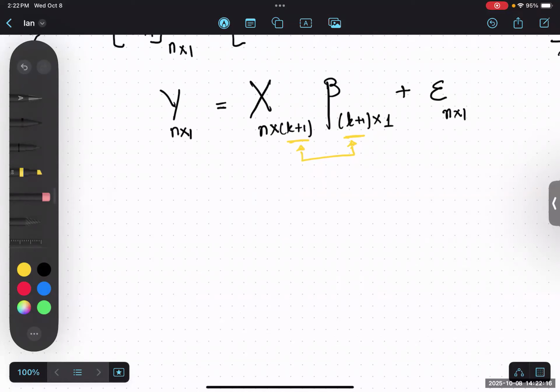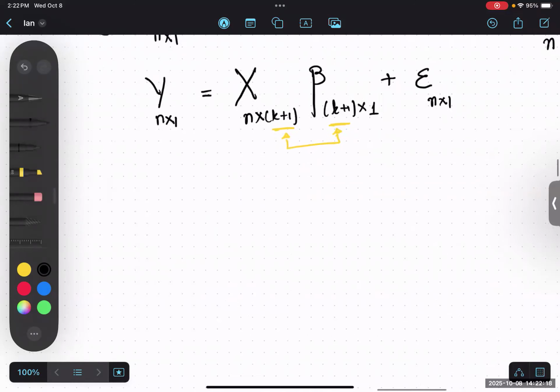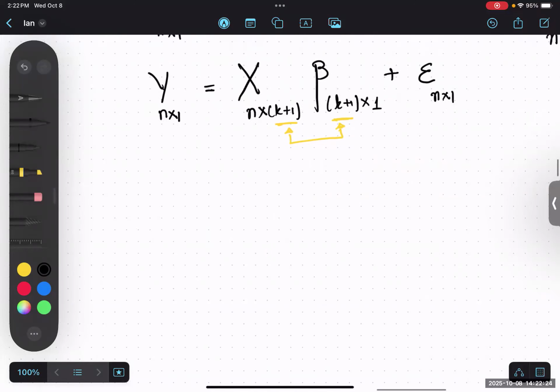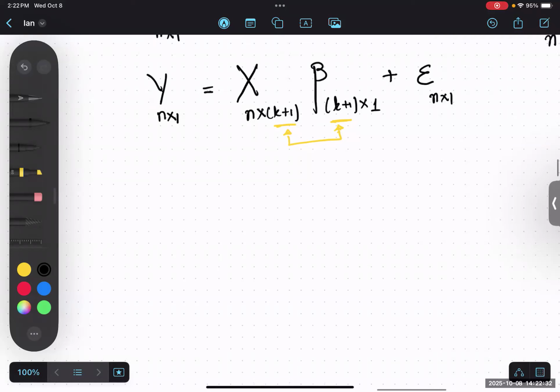So now, in matrix notation, this is your population model, right? If you estimate this model, you will obtain a vector of coefficients, beta hat.